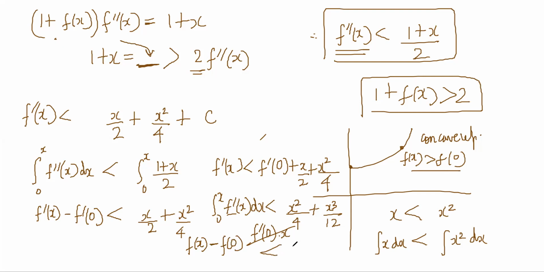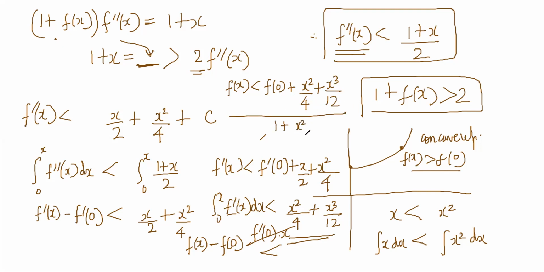Is less than this thing, right? So what we are getting is basically f of x is less than f of 0 plus x squared by 4 plus x cubed by 12, right? So this is 1 plus x squared by 4 plus x cubed by 12.